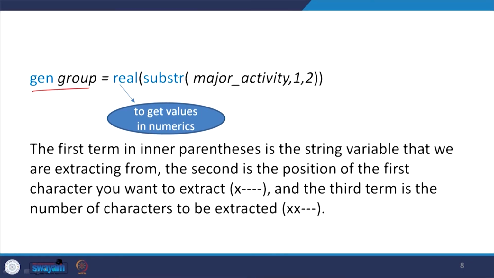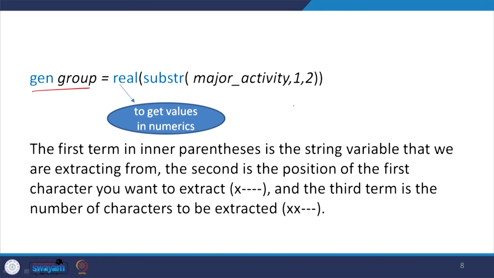Substring, and in our variable it is measure activity, which we have just shown to you. Most importantly, in the parenthesis you need to mention which string variable you want to substring. Here, for us, it is measure activity.